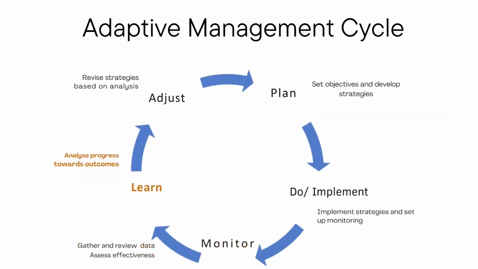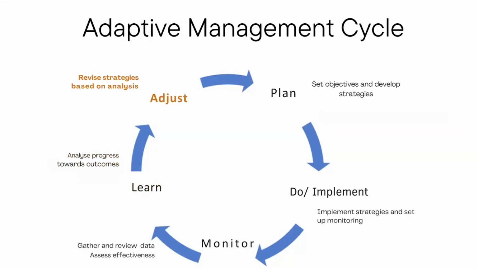So we gather that data and we assess our effectiveness. And then we use that to learn. Based on our assessment, we see what we're doing well, and that's great. The things we're doing well, we want to keep doing. But then we also want to see what's not working well and why, and what can we do better to help us get closer to those objectives.